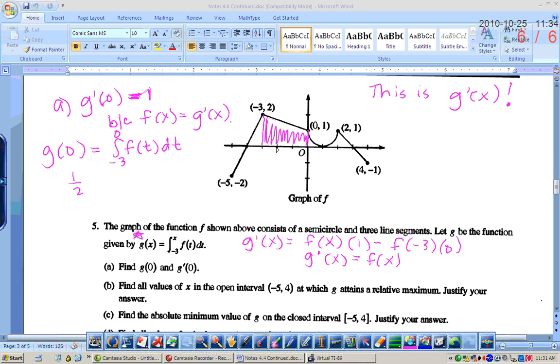The height is 3. Remember, the height is the distance between the parallel bases. And the length of the two bases is 2 plus 1. So 9/2.